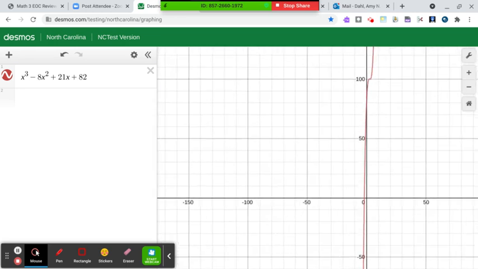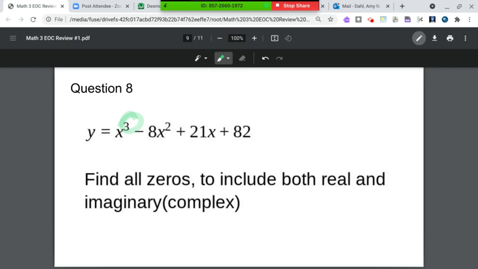Okay, the graph crosses the x-axis only one time. Where? Where does it cross the x-axis? -2. So we know it has one real zero at x equals -2.